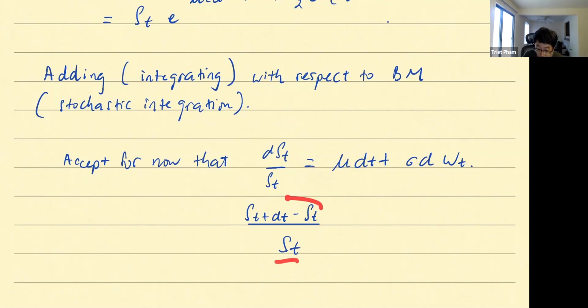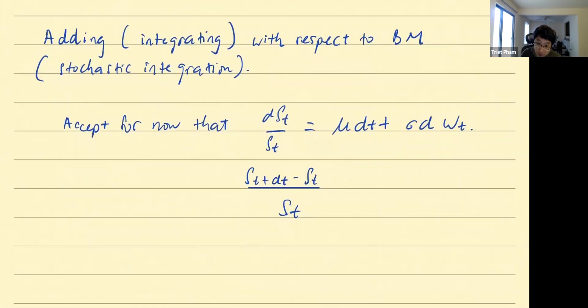So that's the percentage return in the split second. The percentage return on average has rate mu, some rate of return, I don't care what that is, and has some volatility factor that is also affected by the market noise. So if you shuffle this around, this says that the change in the stock price differential is this.